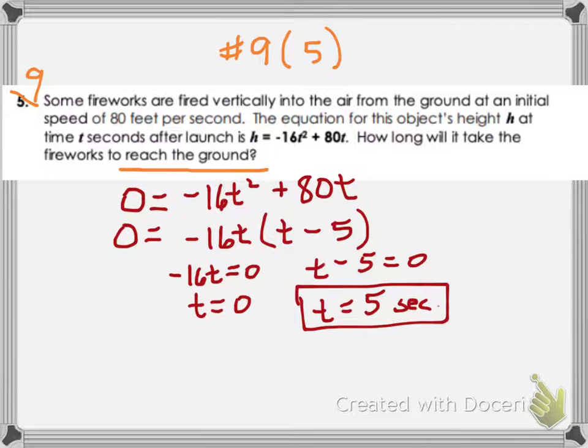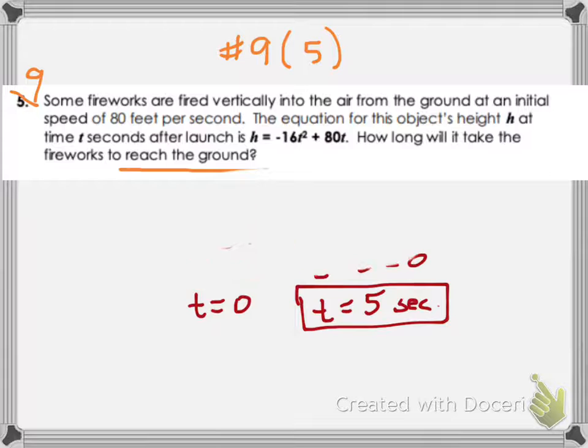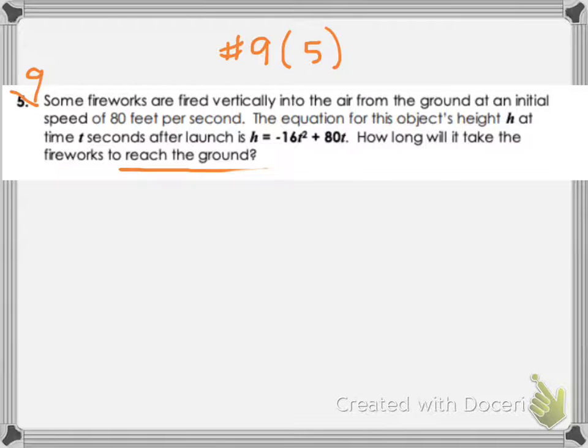I think what I'll do is also solve it with the quadratic formula, so you can see what that looks like. The quadratic formula will always work, and if you're not sure when it's factorable, when it's not, you can just resort to the quadratic formula. So in this equation, a is negative 16, b is 80, but c is 0.